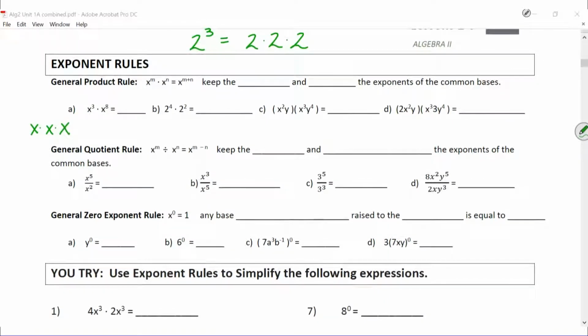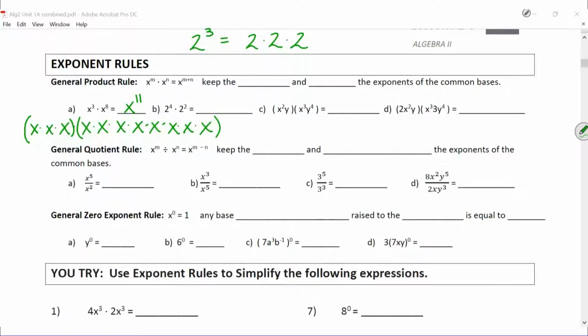And I will multiply to that x times itself 8 times. So really, I have 3 x's times 8 x's, but really it's just a bunch of x's. How many x's? Well, it's 3 plus 8 x's, or 11 x's. So I have x times itself 11 times.